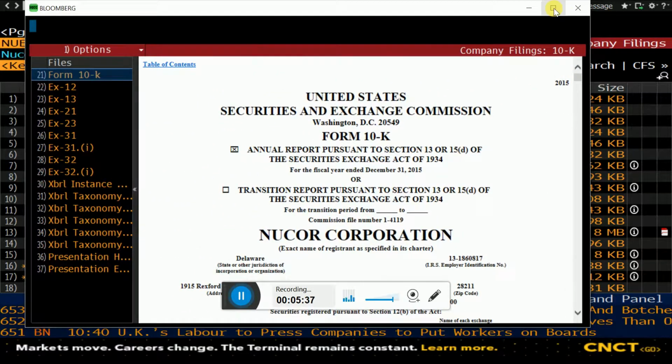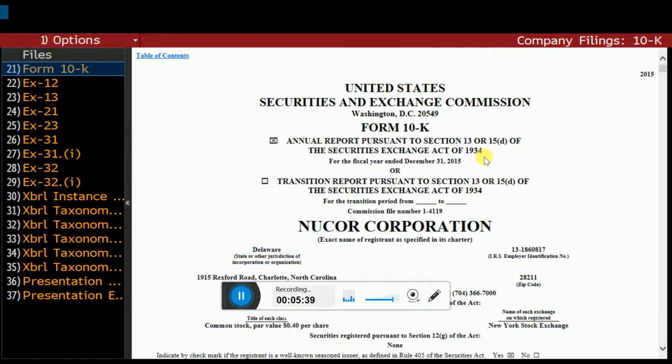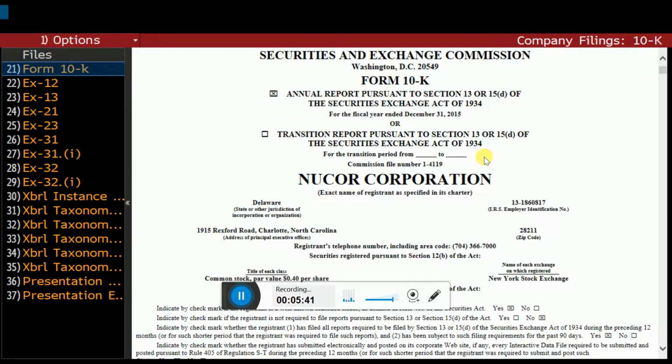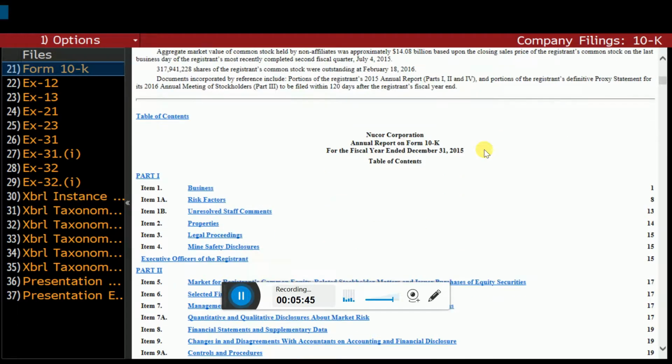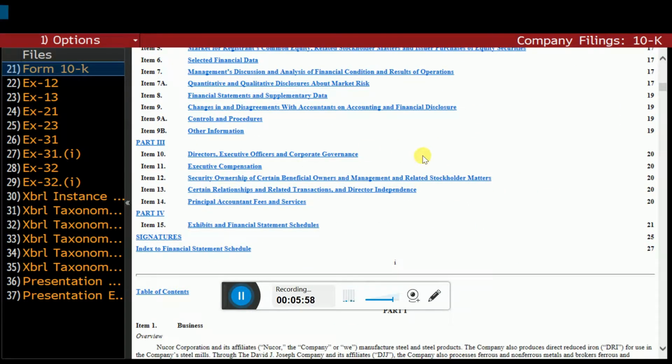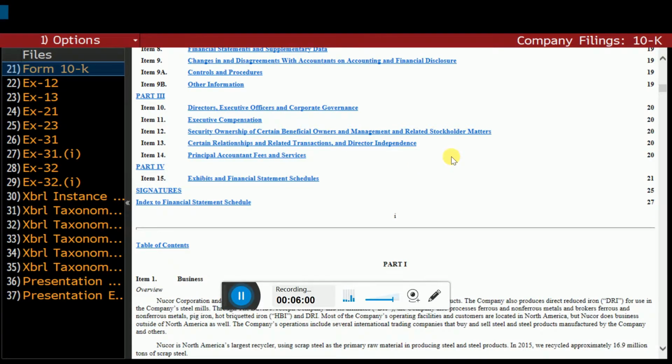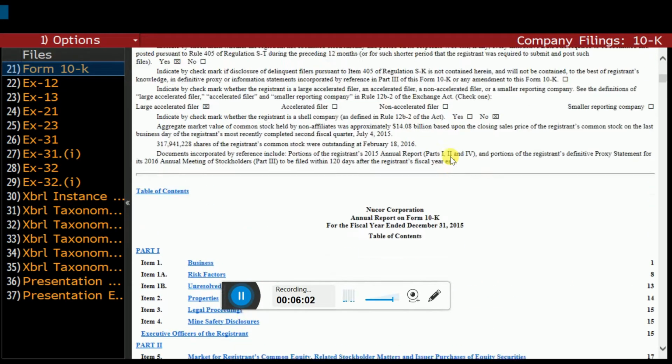So this is what a 10K looks like. It gives you an idea of the security that you are looking at. Gives you basic ideas of what the company is doing. Here's their table of contents. It lets you check out which ideas or type of models they're up to.